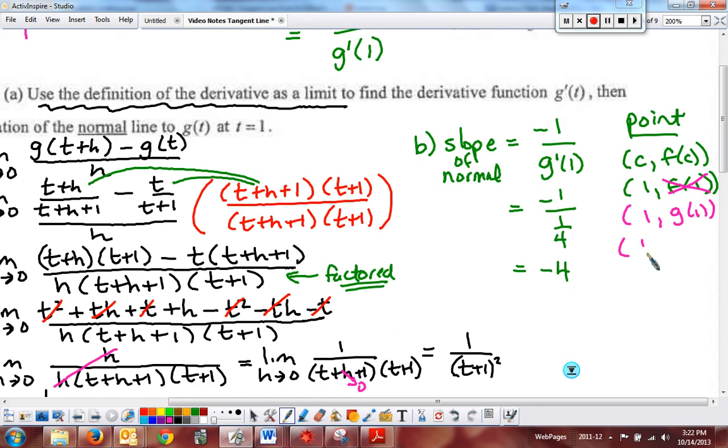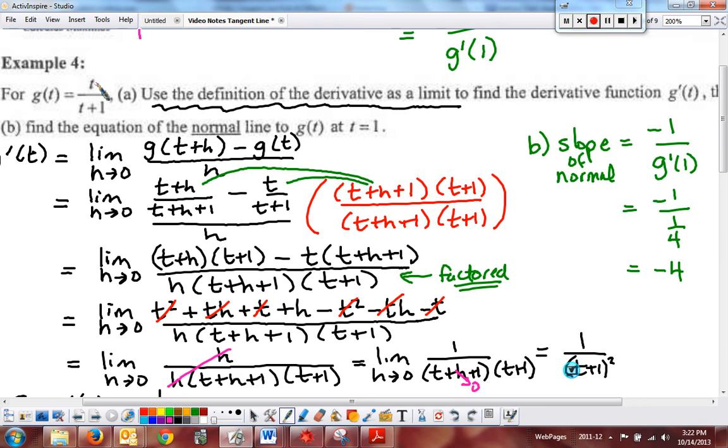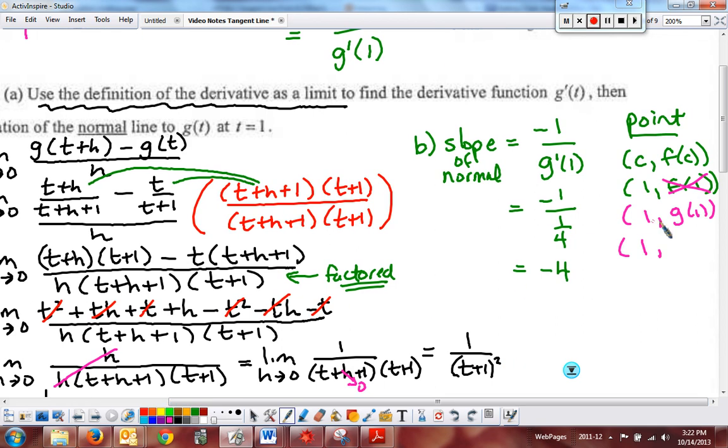I go back to the original function, and if I plug in a 1 there and a 1 there, 1 over 1 plus 1 would be 1/2. And then I simply write the equation of the normal line: y equals -4, the slope, times x minus 1, plus 1/2.